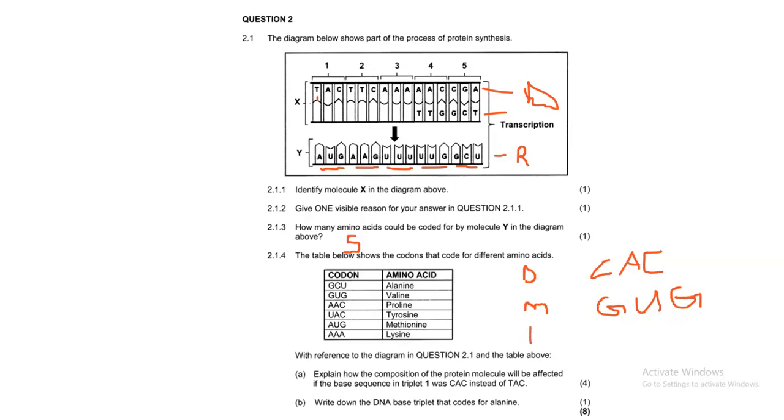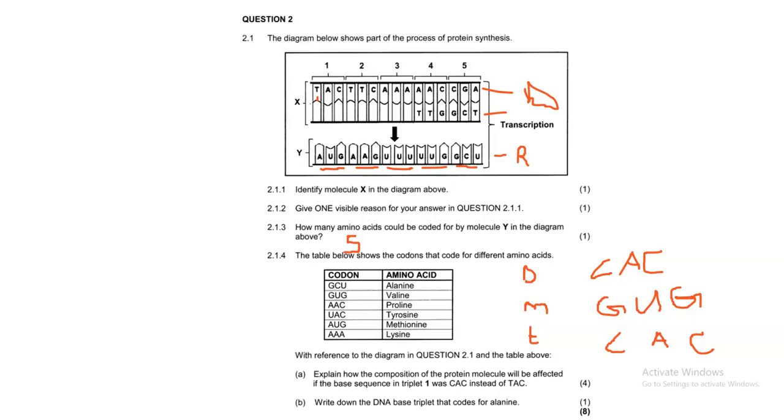We know that it will go to tRNA, which will be C, and then A, and then C. So that's my tRNA. So basically now we're going to form this tRNA. So when you explain here, you must go the way I did. DNA, the mRNA that will form will be GUG, tRNA, CAC.